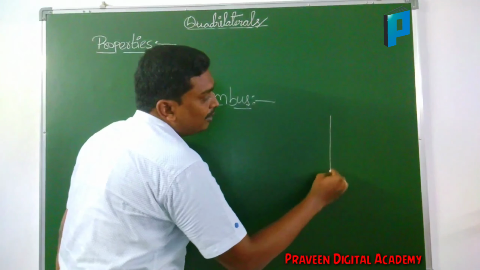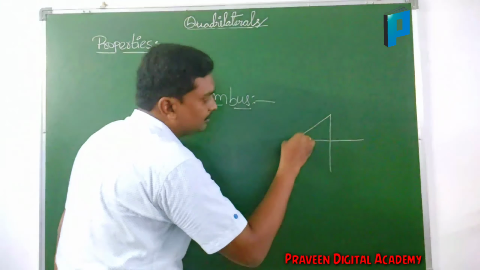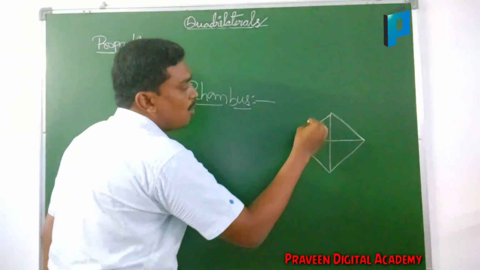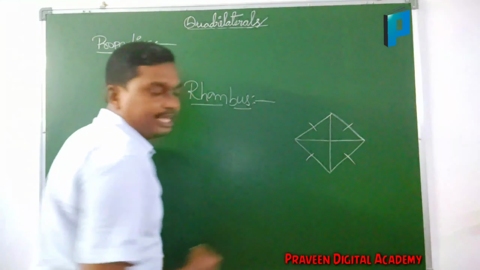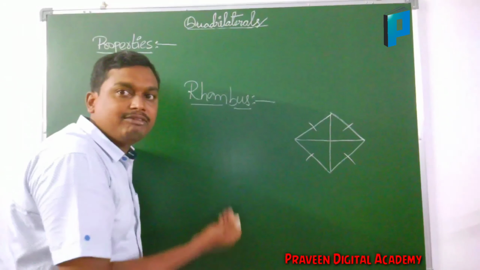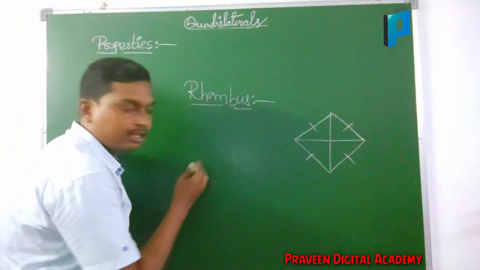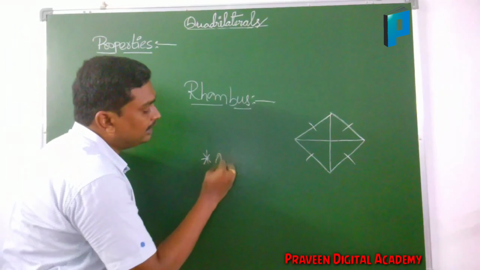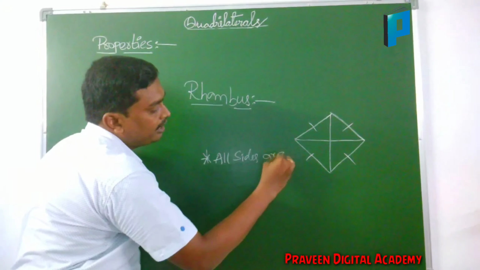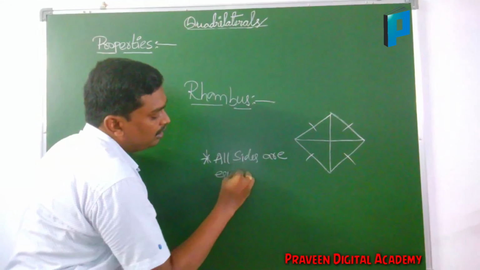Here the rhombus will have all sides equal. In the same way all sides are equal in the square. The first property in the rhombus is all sides are equal.